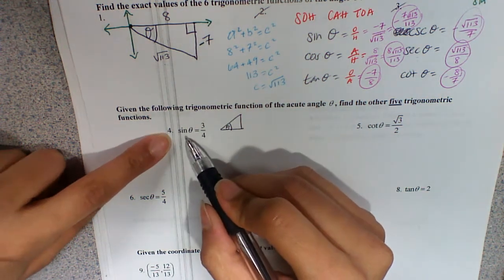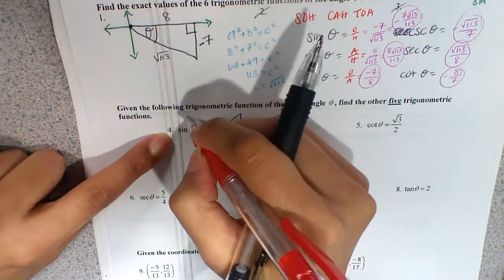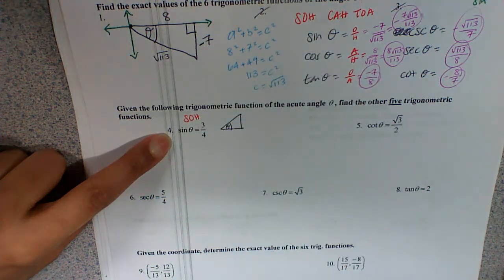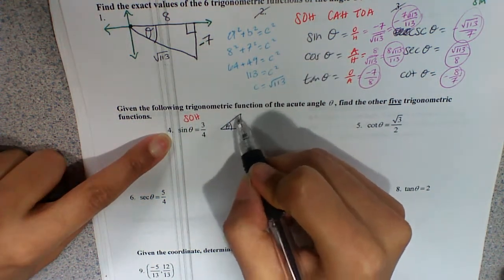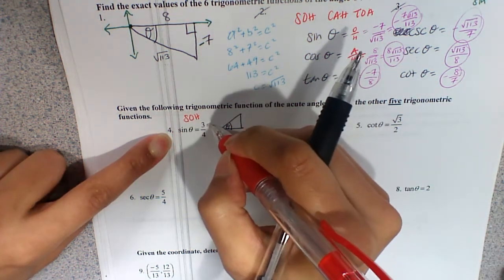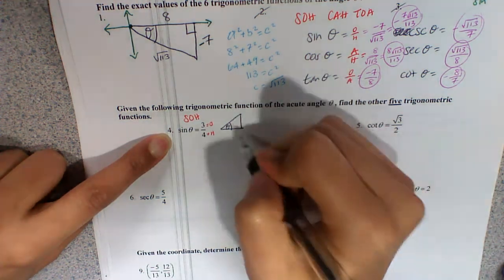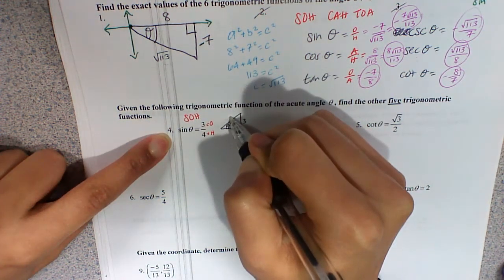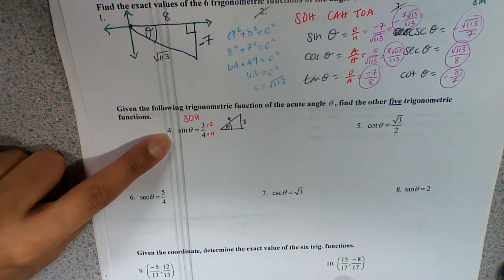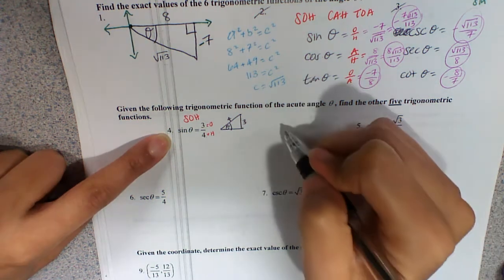So if I know that sine is a positive 3 over 4, and I remember SOHCAHTOA tells me that sine is opposite over hypotenuse, I can go ahead and put down those values so that 3 is opposite and 4 will represent hypotenuse. So here's opposite, here's hypotenuse. And I do have to find the third side before I do anything else.